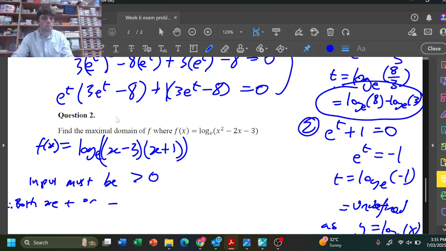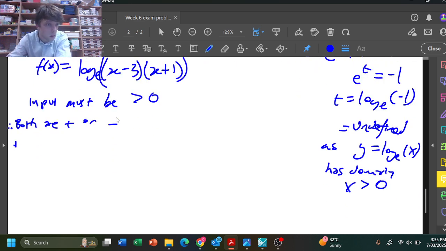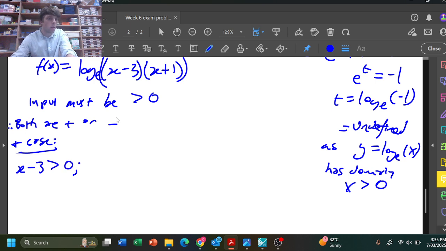If we consider the positive case, that means that x minus 3 is greater than 0, which means that x is greater than 3, and x plus 1 greater than 0, which means that x is larger than negative 1.